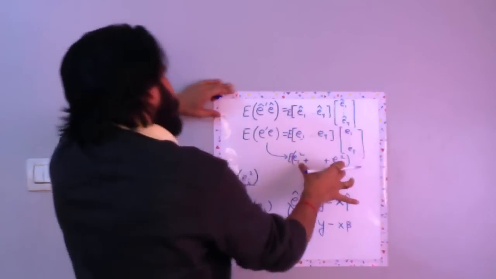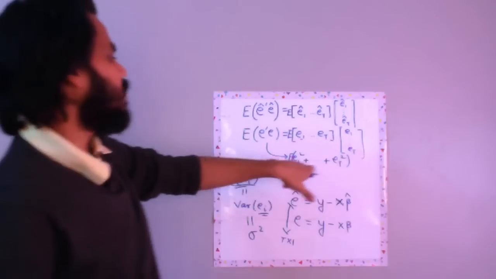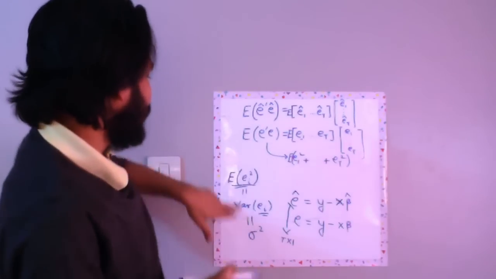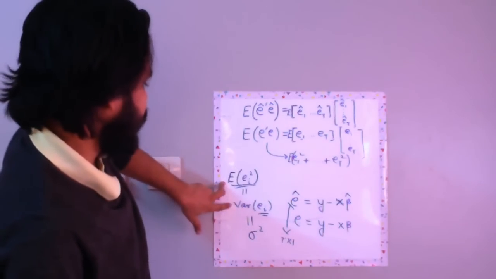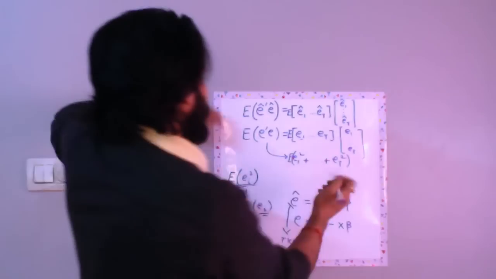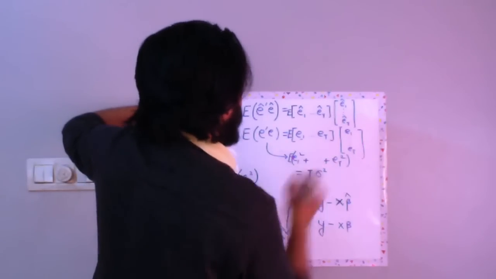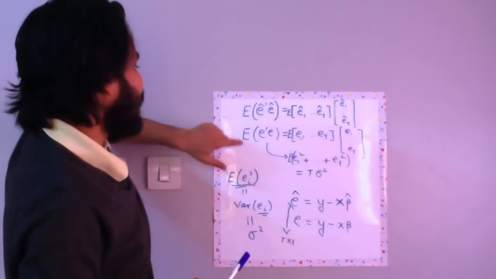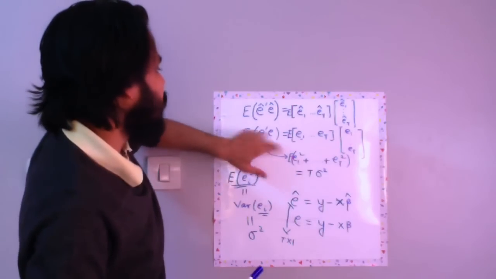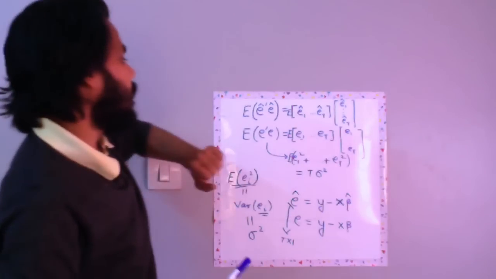So essentially you'll have t terms, and we already know the expectation of each is the variance, which is sigma square. So this will be equal to t sigma square.